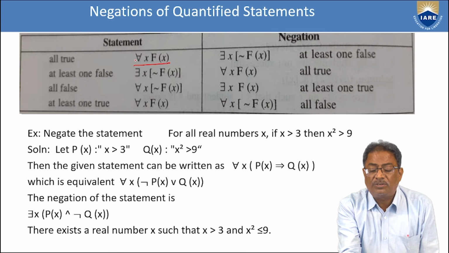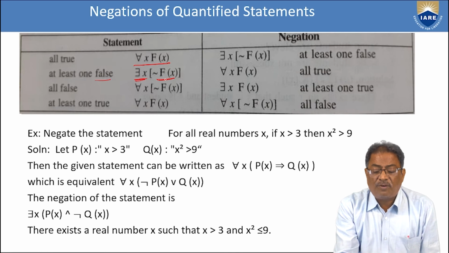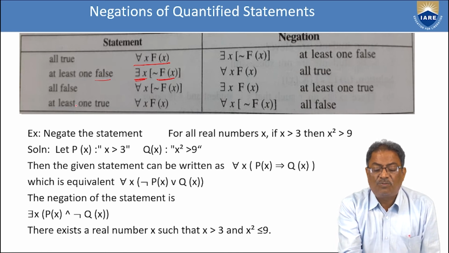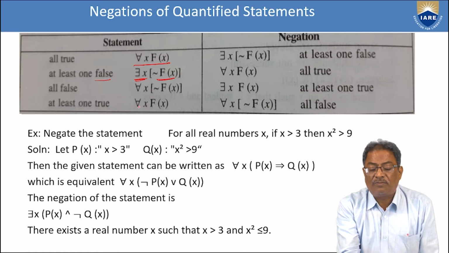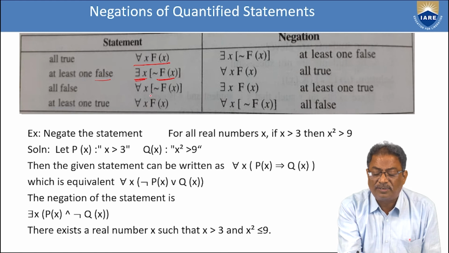We take the negation of this, or else at least one is false. One is false means only one negates: there exists x such that negation of F of x. All are false: for every x, negation of F of x. At least one true: there exists x, F of x. So just by taking the negation of this, we get all these values. So at least one.